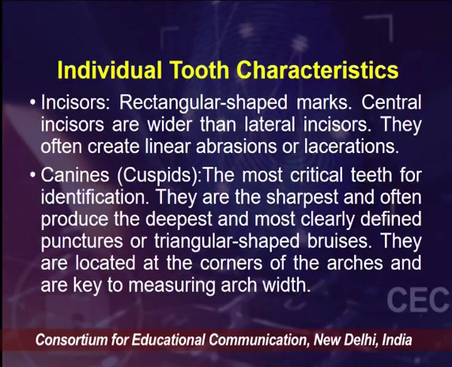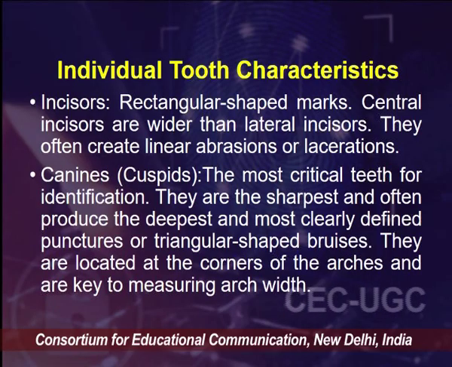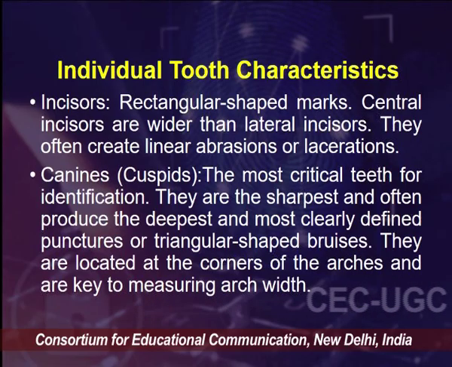As we have read, the incisors, which are our middle teeth, are rectangular shaped, so they give rectangular shaped marks. The central incisors are wider than the lateral incisors. The central incisors are the front middle two teeth in our mouth. Then the next third and fourth teeth are the lateral incisors.